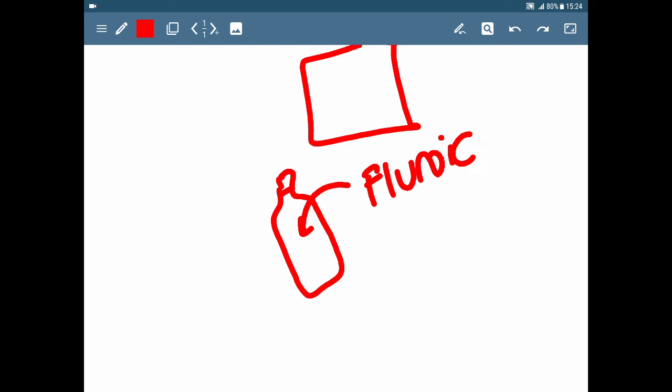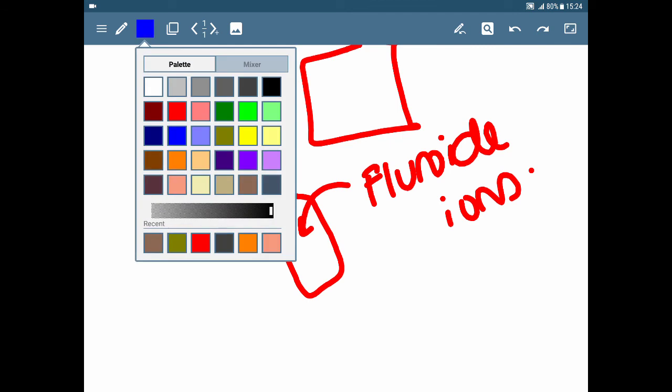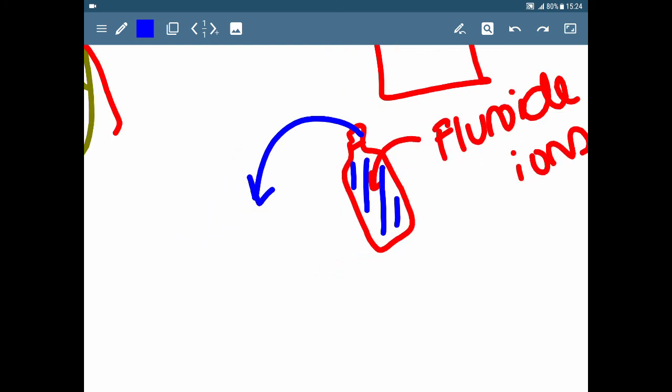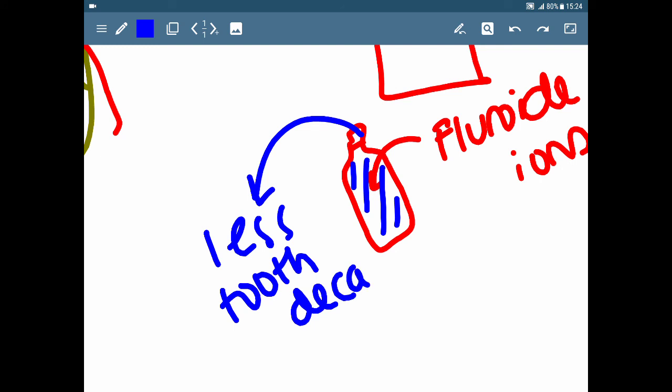If you drink this water, you are going to automatically get less tooth decay. So that's an example of something they do in a few countries.